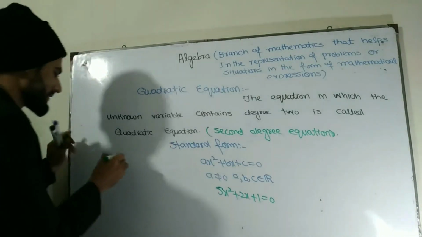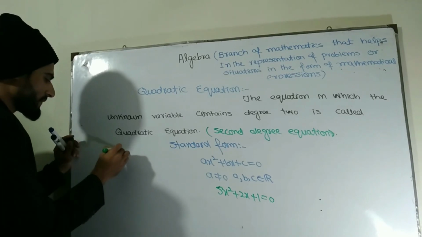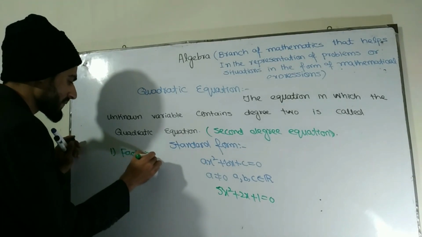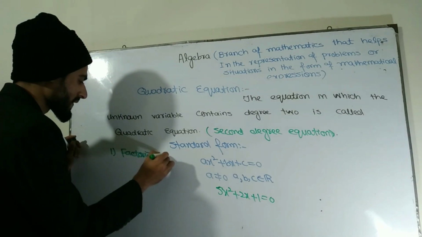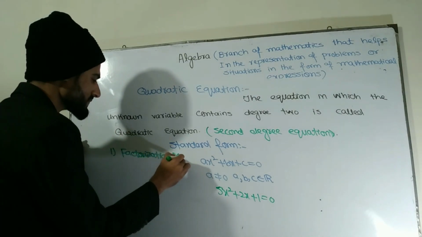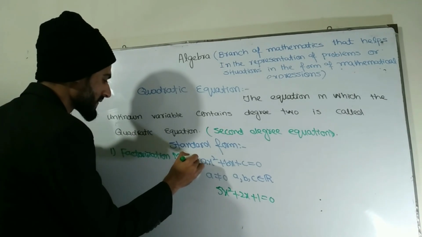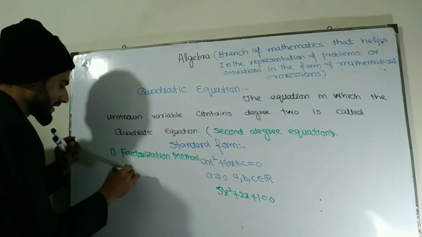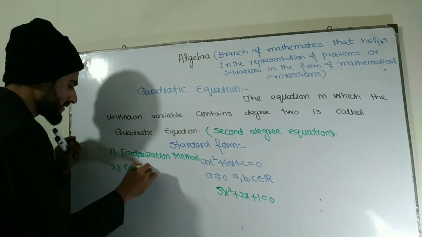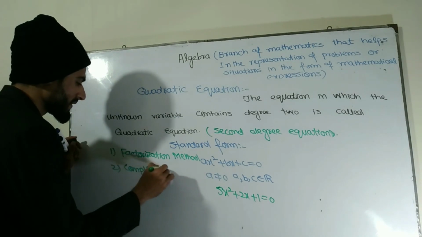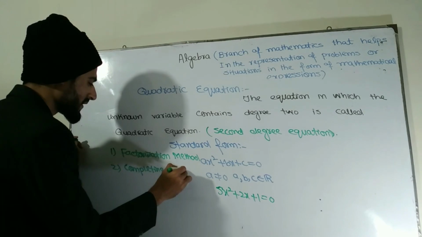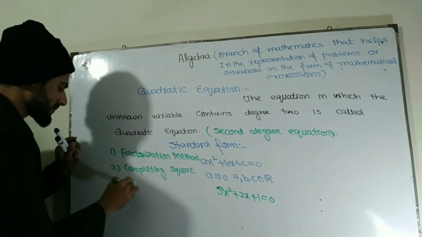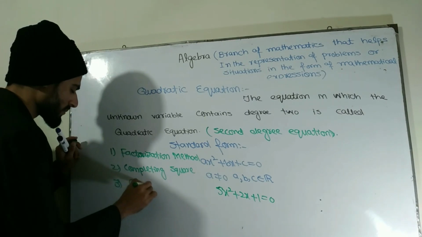So we have three methods to solve this equation. First one is the factorization method. Second one is by completing the square. And the third one is the quadratic formula.